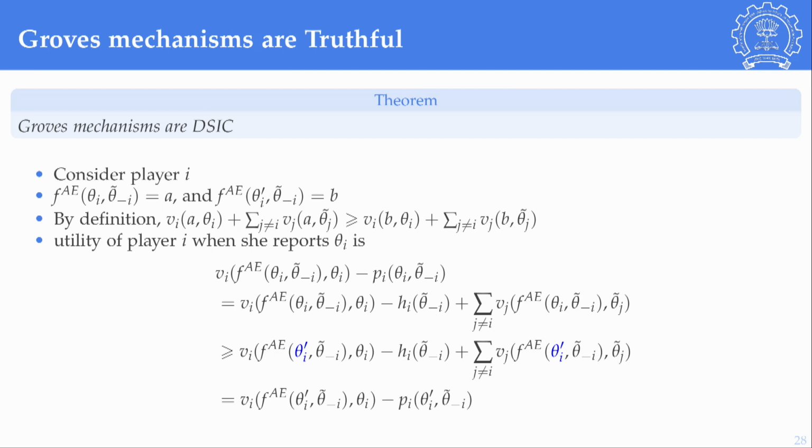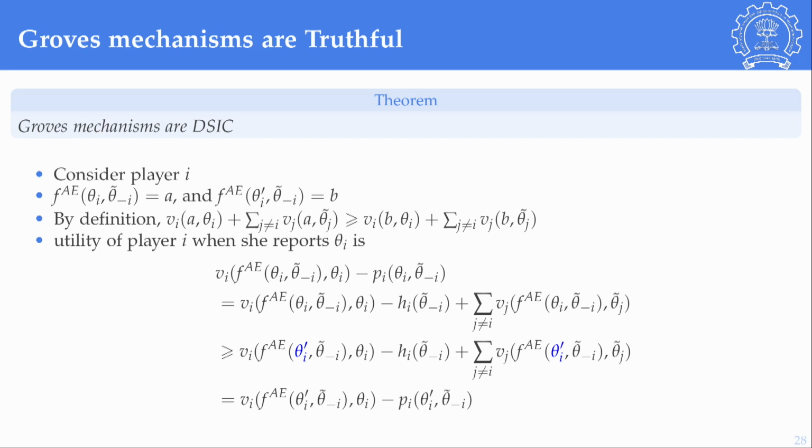Notice that this is the payment that you get when you misreport to theta I prime. This part is the payment, this part is the allocation when you misreport, and because of this inequality you get back the stuff. It is a very regulation thing, you just have to stare at it for a minute, maybe spend one minute on this one.